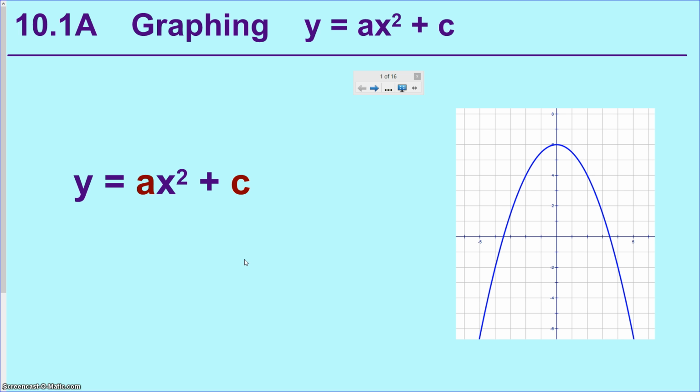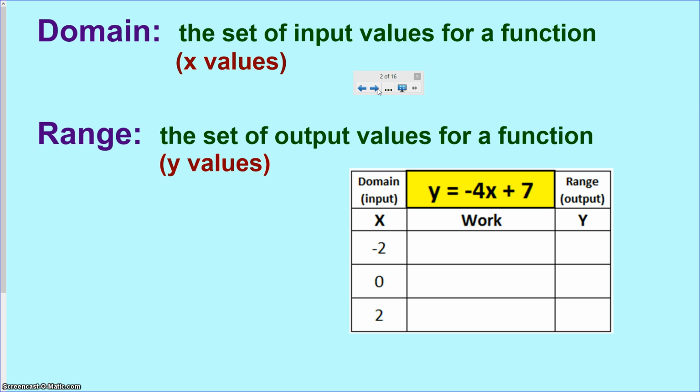Then what we're going to do in class is figure out what effect A and what effect C has on the overall shape of the graph. So I want to get you able to graph a parabola by using a table with this video, and then tomorrow in class we will try to establish some patterns of what A and C do to the shape of the graph.